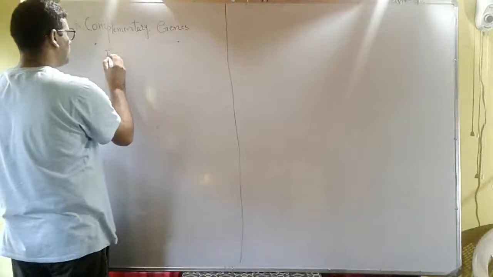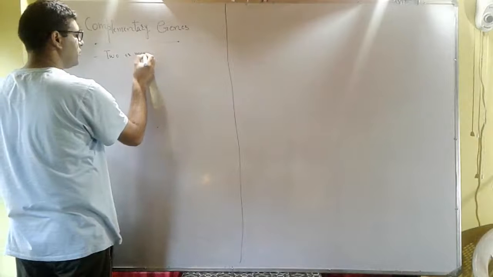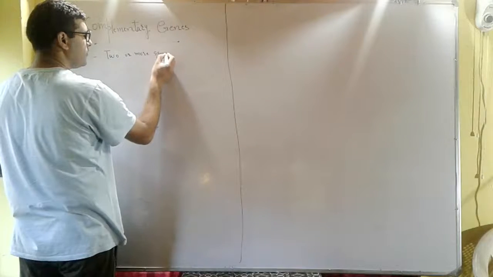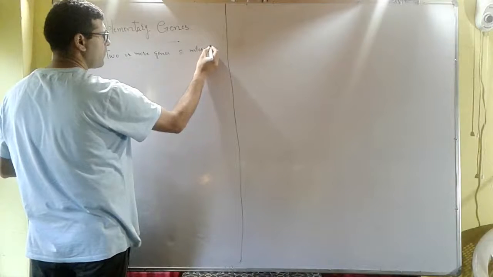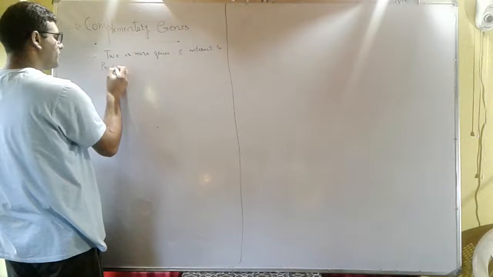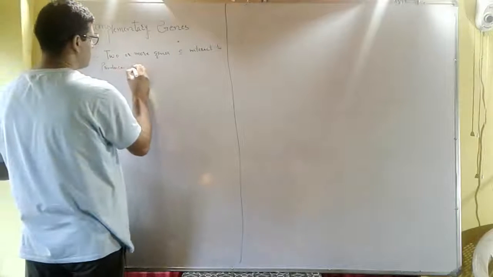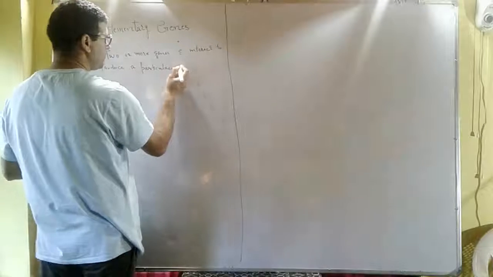So what are complementary genes? There are two or more genes which interact to produce a particular phenotypic trait.